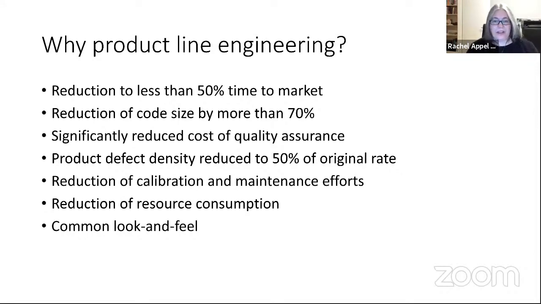Well, getting to market from version to version. If I have multiple individual products and I have to install a feature into each of them, it's going to take a lot more time. So you can reduce your time to market by architecting your reusability in such a way that it can shorten the time. When you're shortening that, you can also reduce your code size because it's not being repeated.